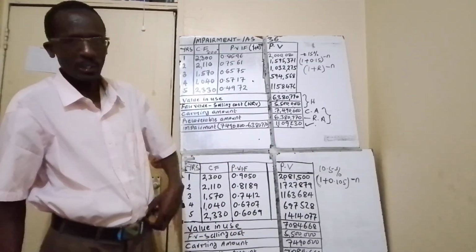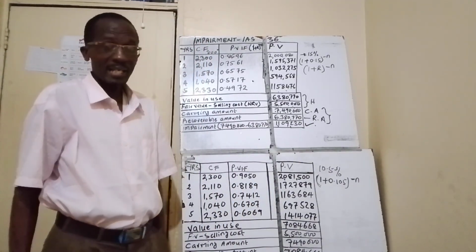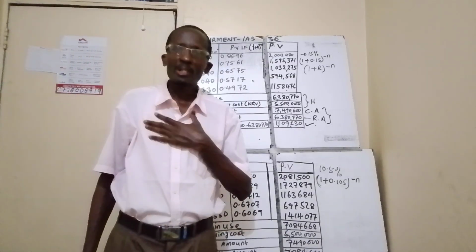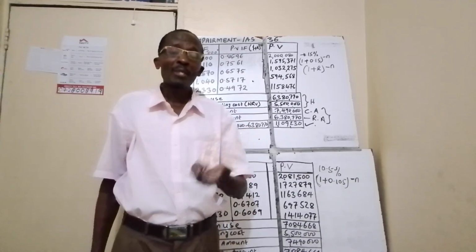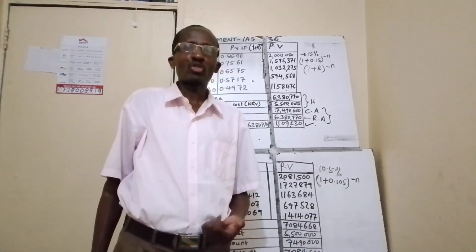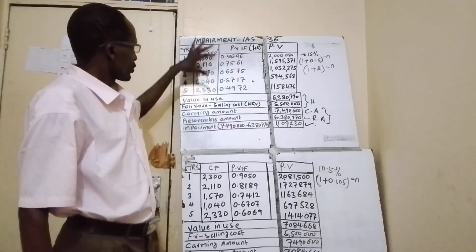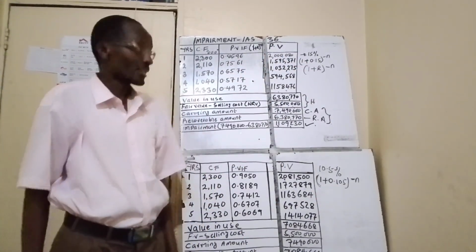So it's quite simple, quite interesting, and easy to understand. So impairment, that is IAS 36, is always quite easy. We just need to understand how to calculate impairment, and then the other part, cash generating units. So once you have known that, I have used 15% as my rate.